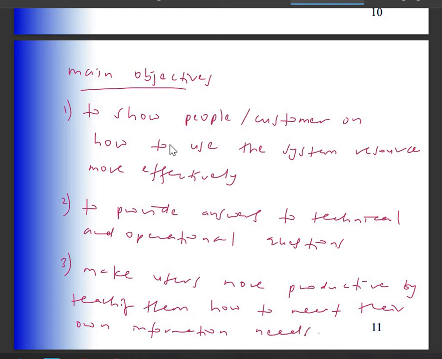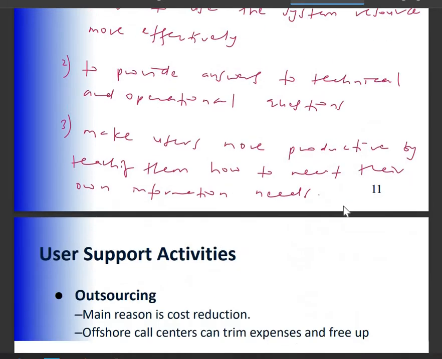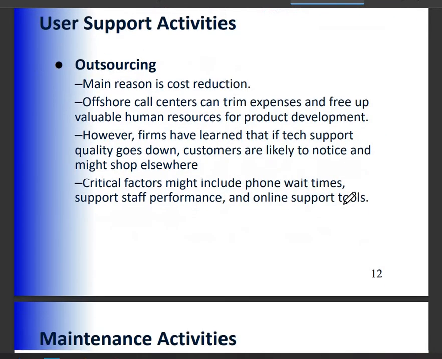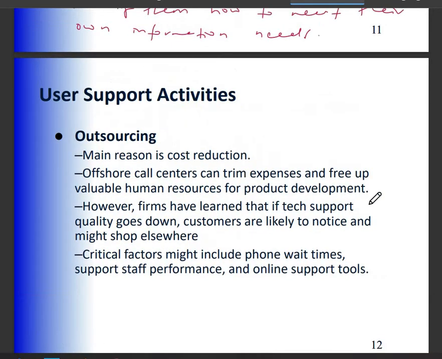Okay, so ini ialah the three main objective of service desk ataupun help desk. Okay, selain daripada kita ada user training, kita ada service desk, kita ada juga outsourcing. Okay, outsourcing ni apa? Outsourcing ni bermaksud kita hire pihak luar untuk do the servicing. Okay, salah satu daripada the main reason ialah the cost reduction.